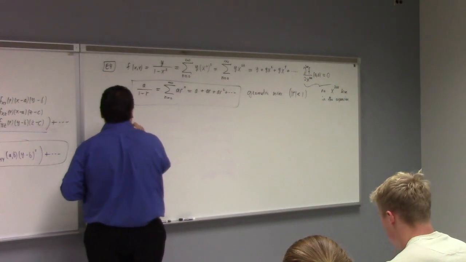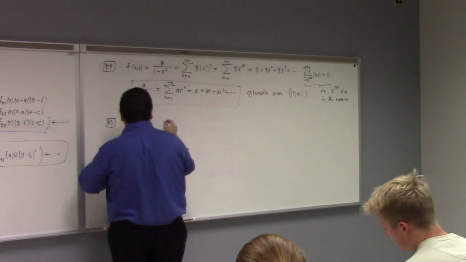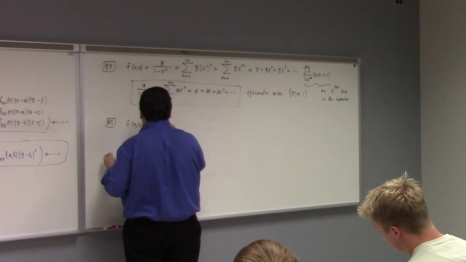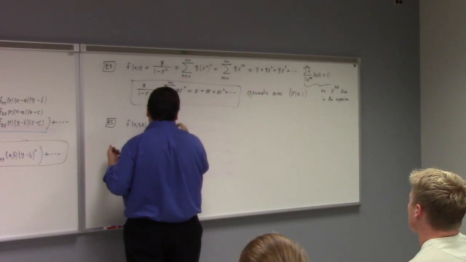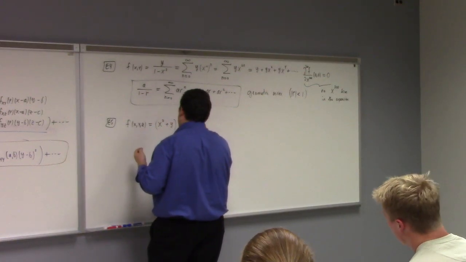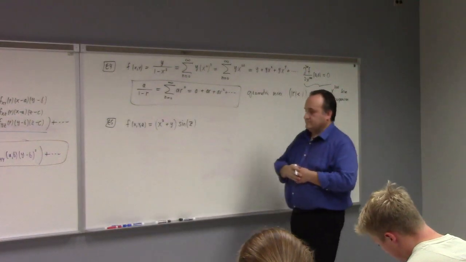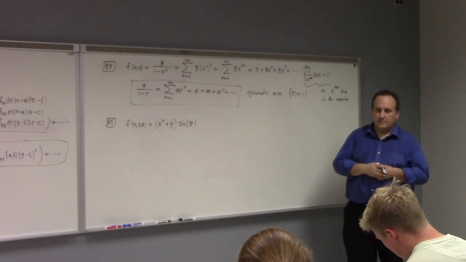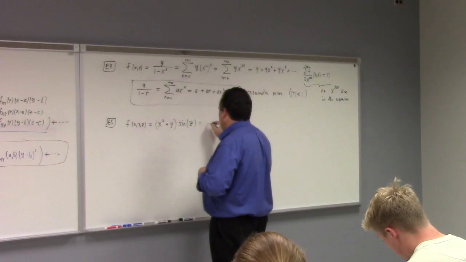What if we had f of x, y, z equals, let us say, x squared plus y times the sine of z. Well, what I can do here is, you guys remember the power series expansion for sine?